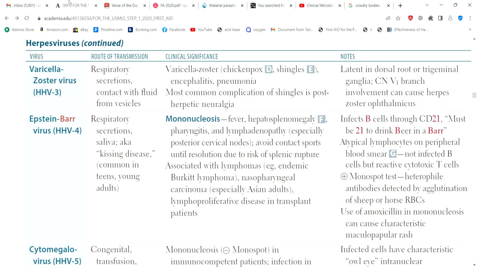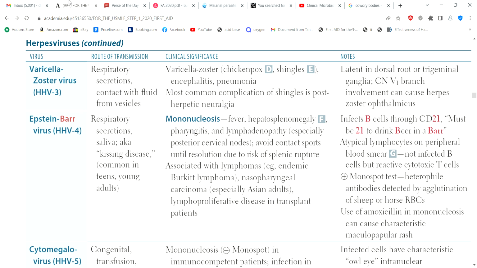The clinical significance is that varicella zoster virus causes chickenpox and shingles. It also causes encephalitis and pneumonia. The most common complication of shingles is post-herpetic neuralgia.